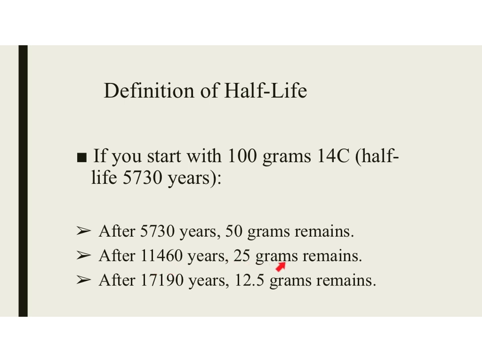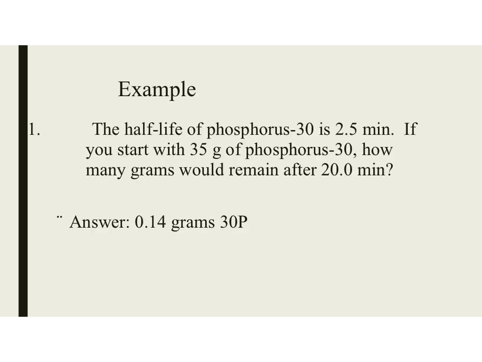So only 25 grams of the original sample remains because it's half of that 50. And then another 5,730 years passes, and now we're up to 17,190 years, and only 12.5 grams of the original sample remains. Everything else has decayed into a new daughter atom.